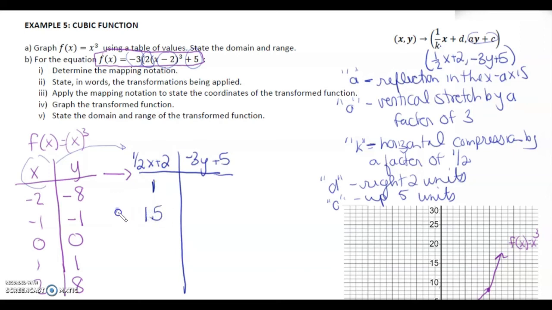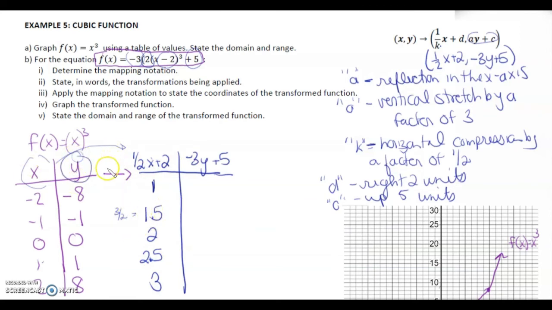You can put 1.5 or 3 over 2, it doesn't matter. Okay, 0 plus 2 is 2. 1/2 plus 2 is 2.5. And then 2 times 1/2 is 1, plus 2 is 3. So these are our new x values.